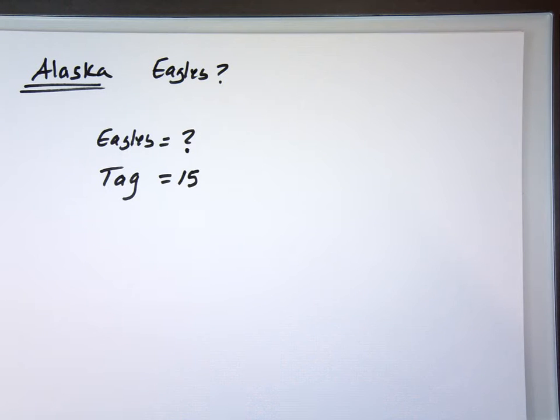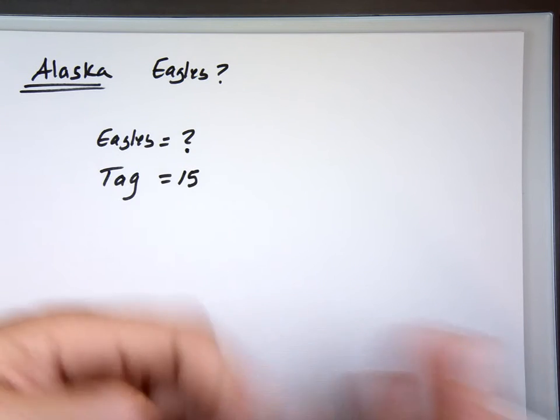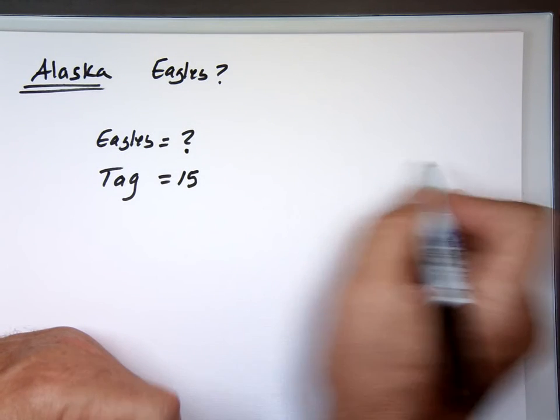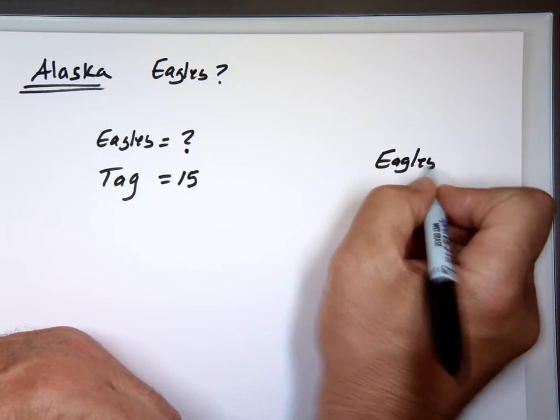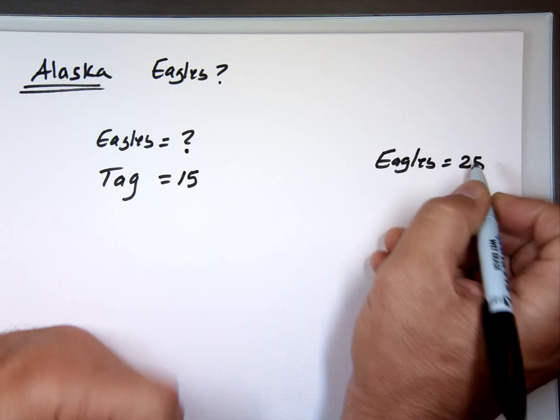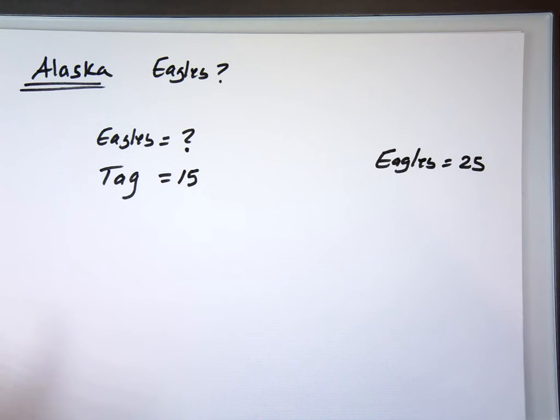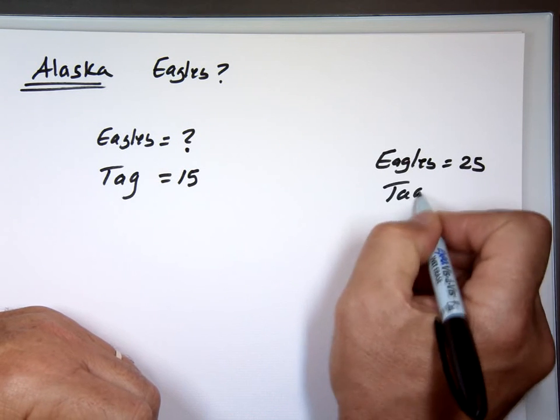So on the second visit, a month later, we go back, and on this day, how many eagles did we catch? Let's say we caught 25 of them. Out of the 25, how many were tagged? Let's say 7.